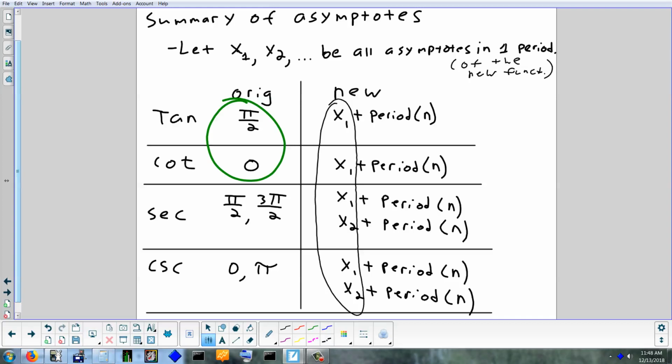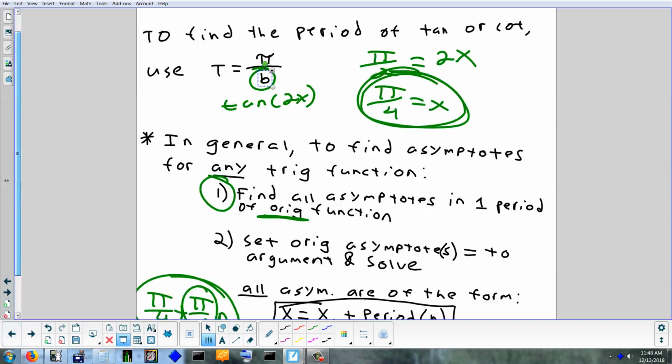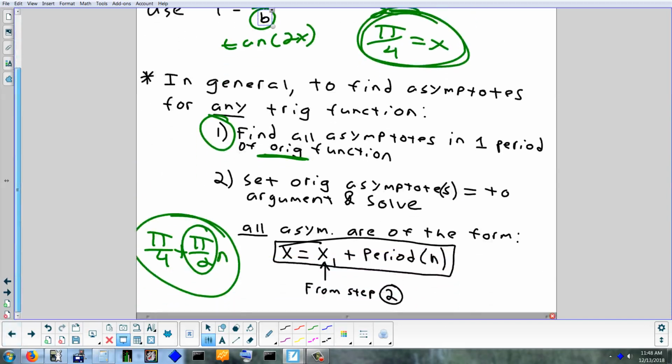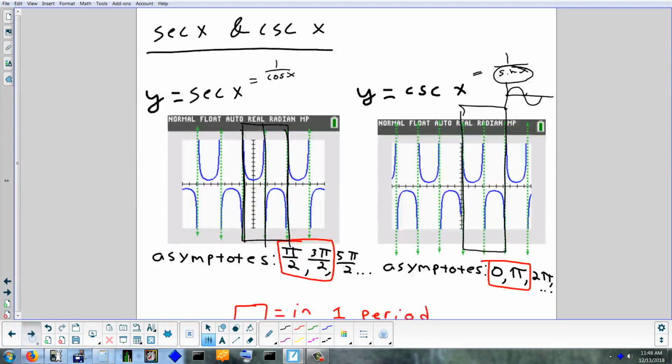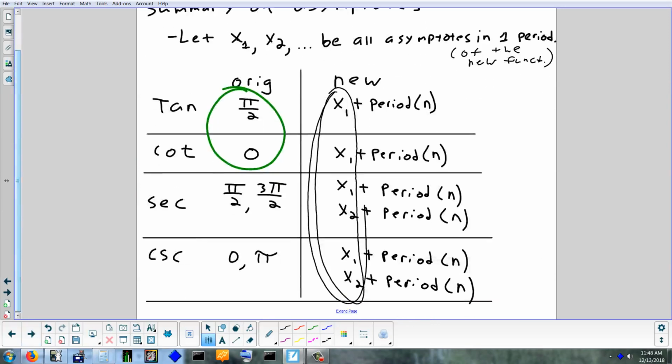But how do you get those x1s and x2s? That's what I showed you, right? Here. To find the asymptotes in a trig function, well, step 1 is already done for you. Look it up in the table. You just have to do step 2. Step 2 gives you that. That's what I wrote right there. All right, so step 2 gives you what I just circled.